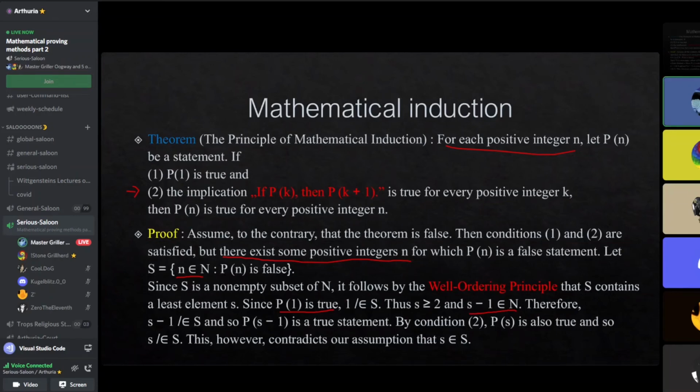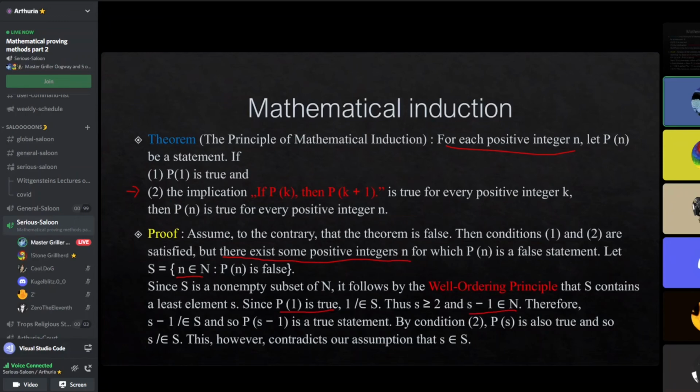And we know that P(s minus 1), meaning s minus 1 is not in S, then we know that P(s) is not in S. And this follows from condition 2. So if P(s minus 1) is a true statement, then P(k plus 1) is also true.